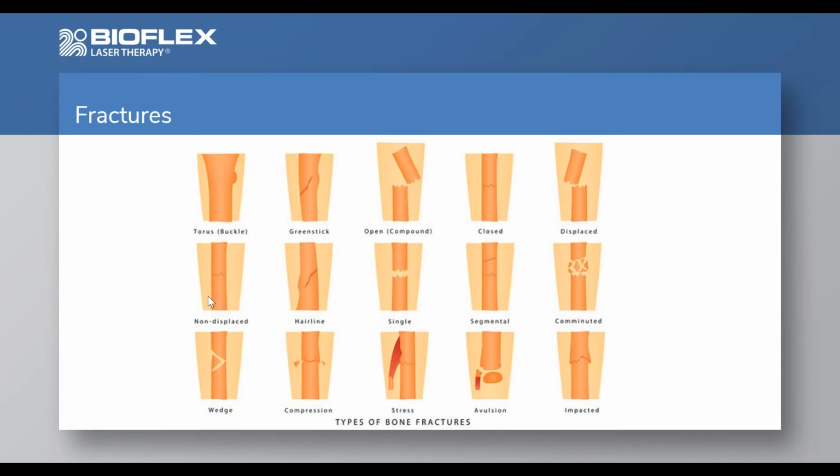So lots of different types of fractures, obviously, from greenstick fractures in children to compound, closed, displaced, compression, hairline, and so on. We know them all. Of course, the ability to treat a fracture with light is limited to whether you can get light to the area of the fracture.